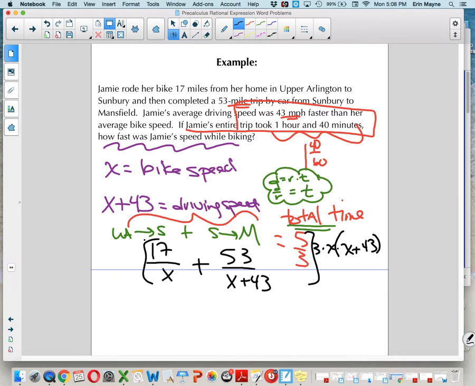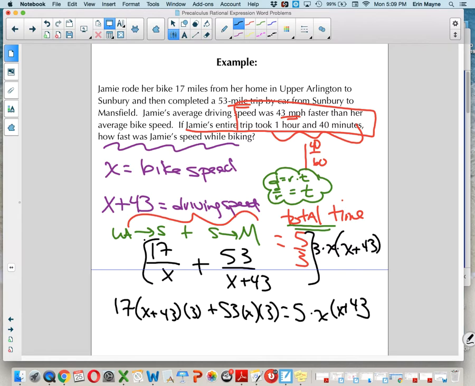When I multiply through, I'm going to have 17 times x plus 43 times 3 plus 53 times x times 3 equals 5. My 3's cancel, times x plus 43.